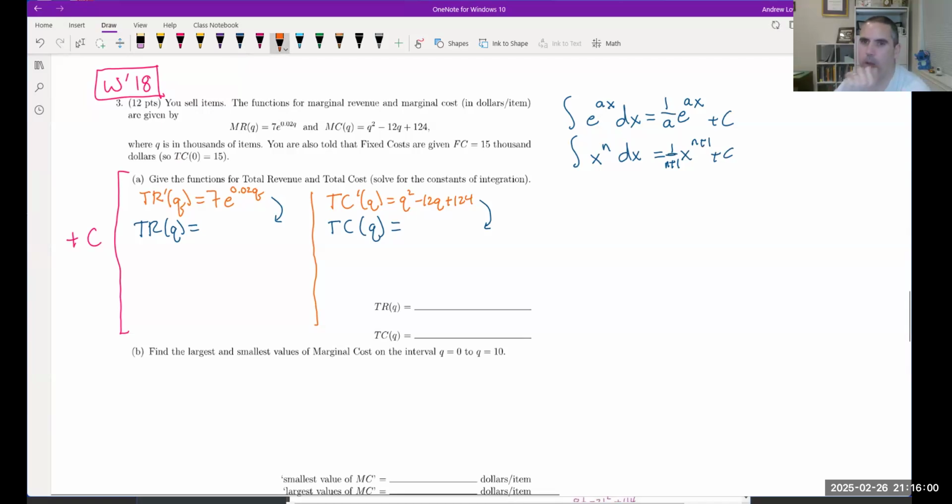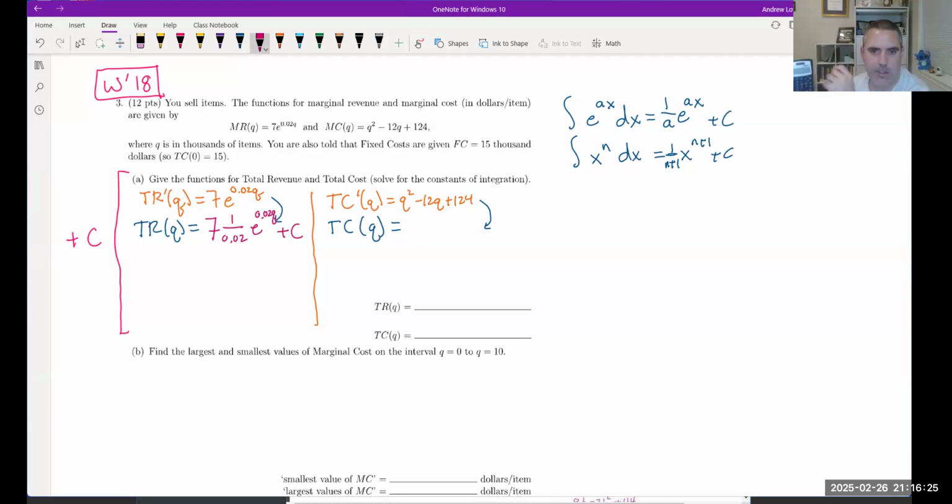If it was me, I probably would have a calculator handy as I'm doing this one. So we need to do 1 over a, but 1 over a is 1 over 0.02, plus C. So I'm really tempted to do 7 divided by 0.02.